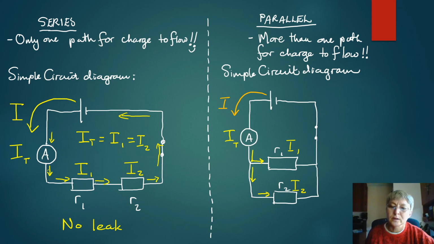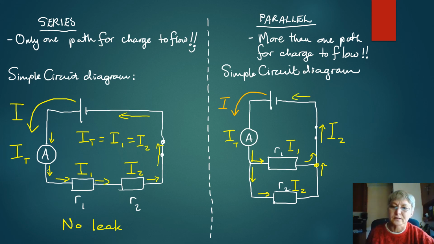At the point where the connector from R1 and the connector from R2 are connected, the two currents come together again. And the total current once again flows through the switch and back into the battery.